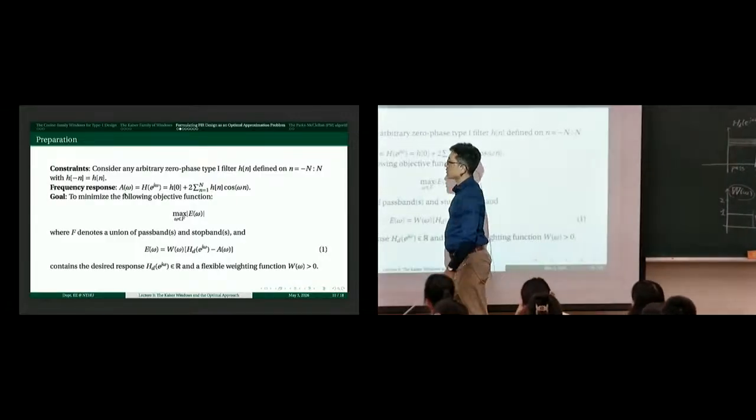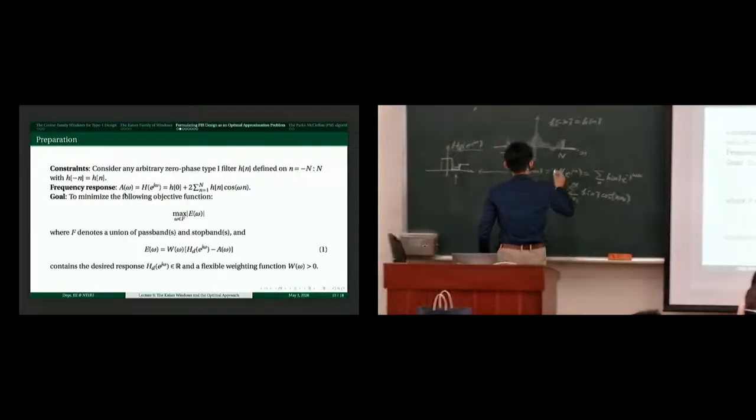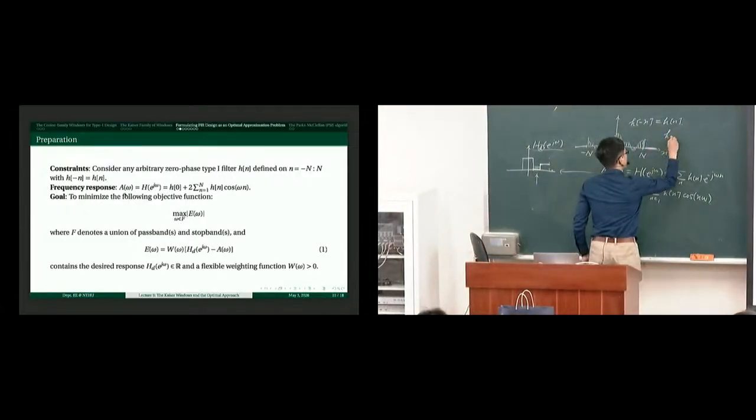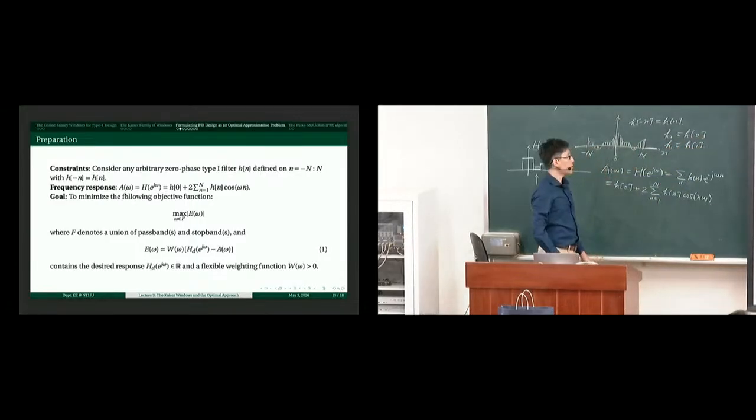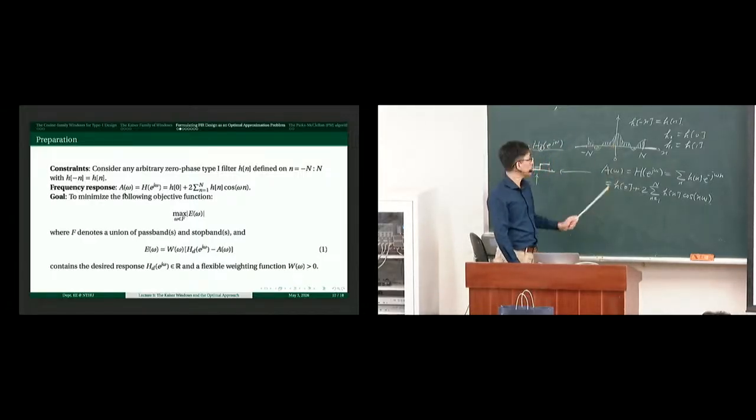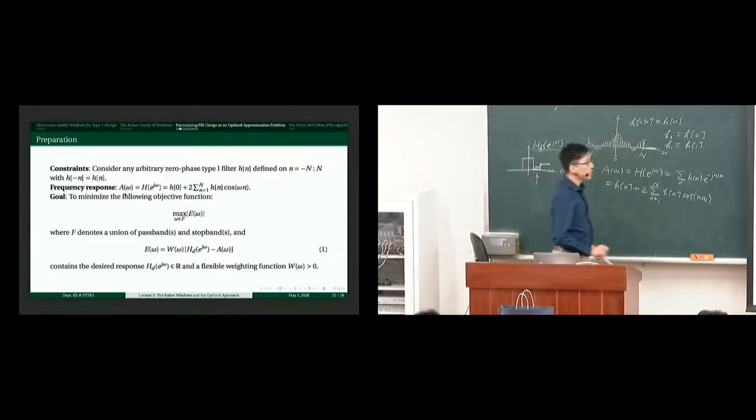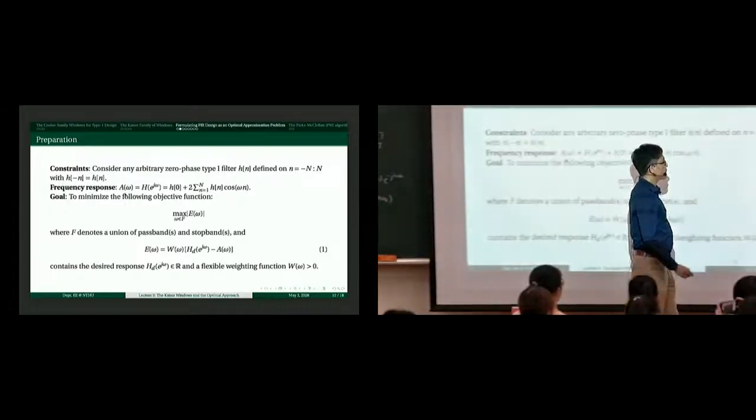Here I'm using a sloppy notation, okay? I mean, H0 is simply H0, H1 is simply H1, just to save space. We need to design a filter, so we need to find a good impulse response. Your task becomes to find out what is H0, what is H1, what is H2, all the way to Hn.